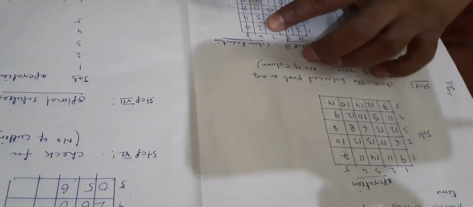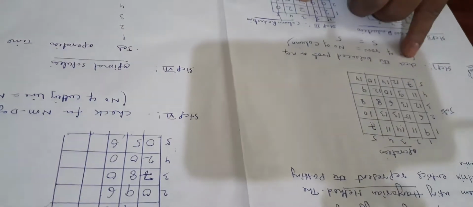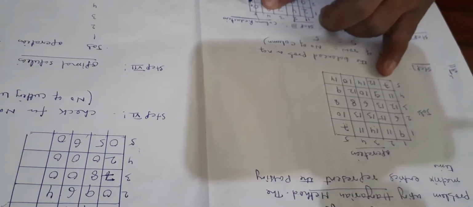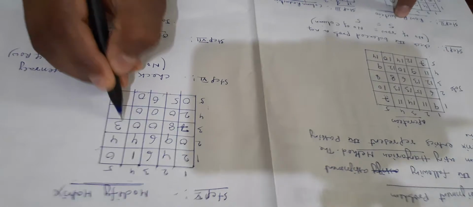So 2 minus 1 is 1, 5 minus 1 is 4, 0, and 1 minus 1 is 0. Here also 1 minus 1 is 0, then 0, 4, 0, 4, and here is 2, 2, 2. Here we are getting the plus sign, 2 plus 1 is 3, this is 3, 0, and 7.